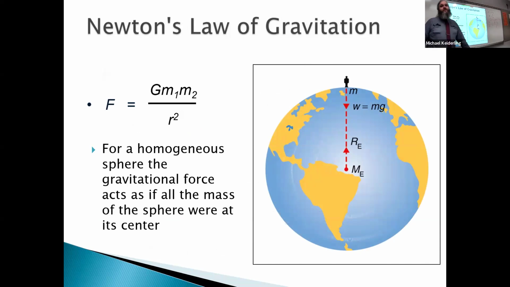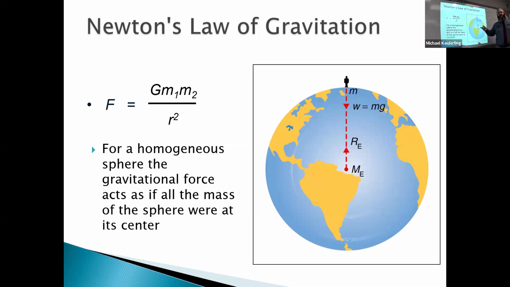Now, it turns out for a sphere, if you have a ball that is consistent throughout, a homogeneous sphere, the actual requirement is a little less strict than that, but basically, if you have a sphere that doesn't change if you rotate it, you more or less have the same mass distribution.